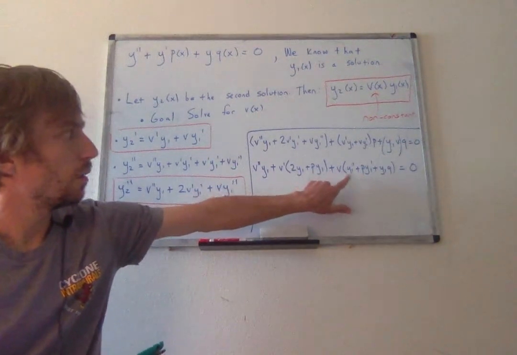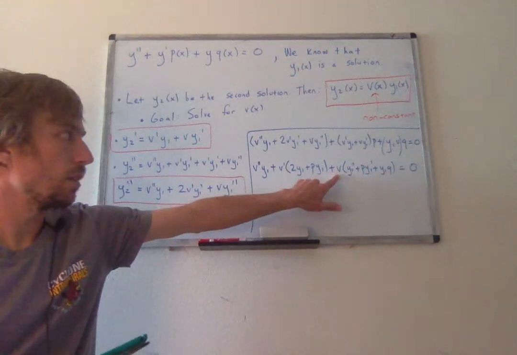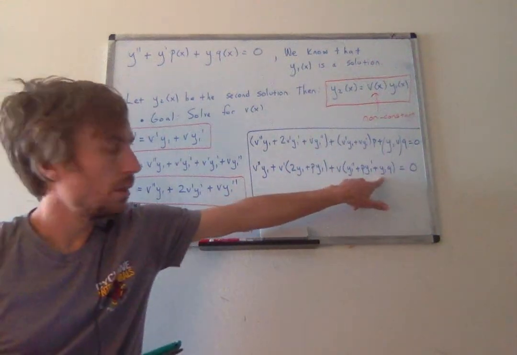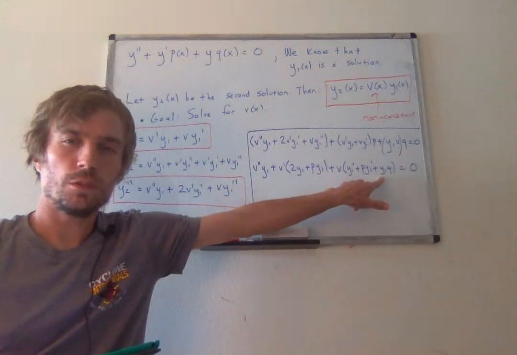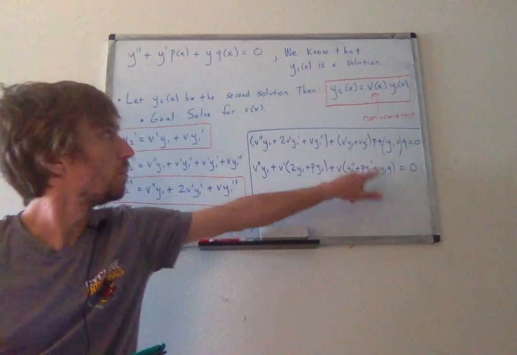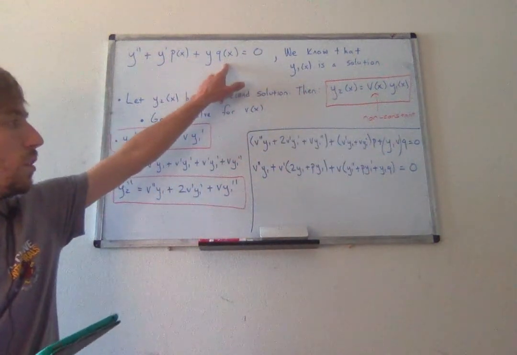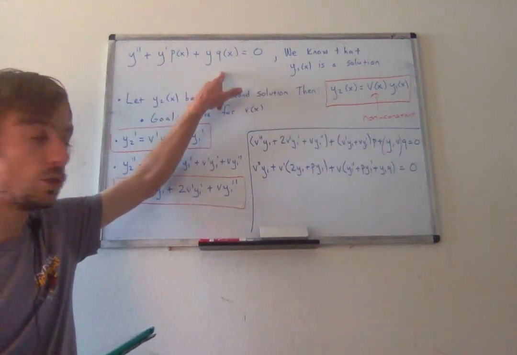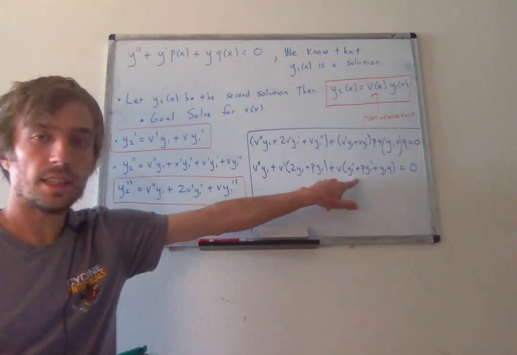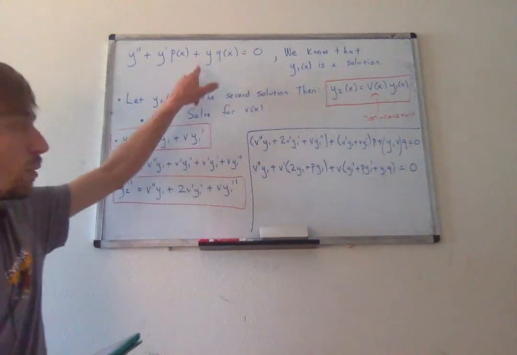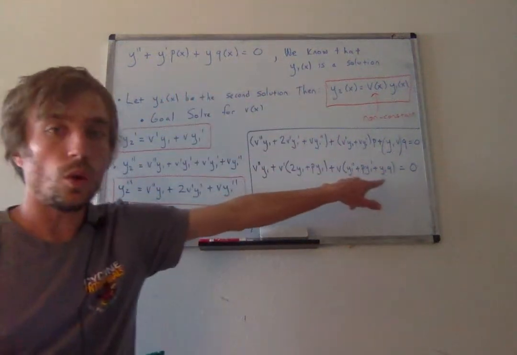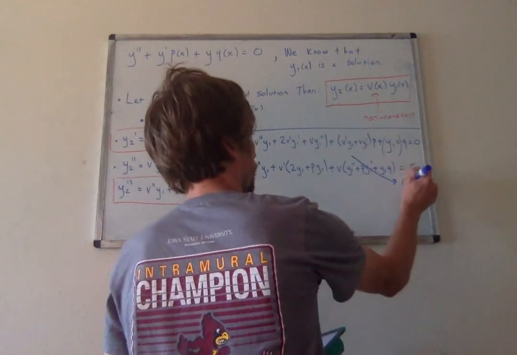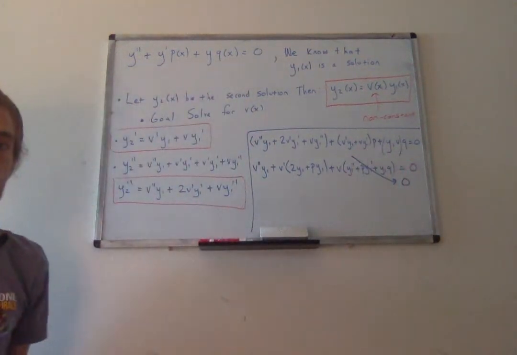Here, we've got this function v times this long string here. This long string looks awfully familiar. Well, notice y1 is a solution also to this original differential equation, and this is the exact equation that we've got here. So this whole chunk of the equation is actually just equal to 0.